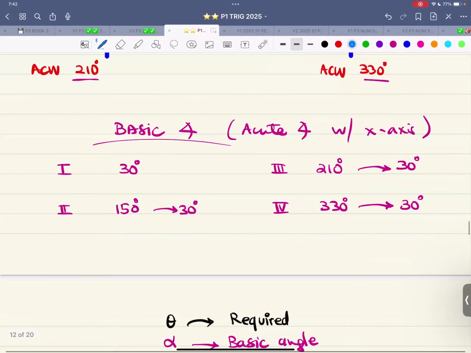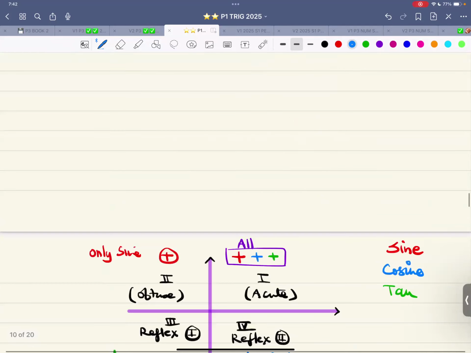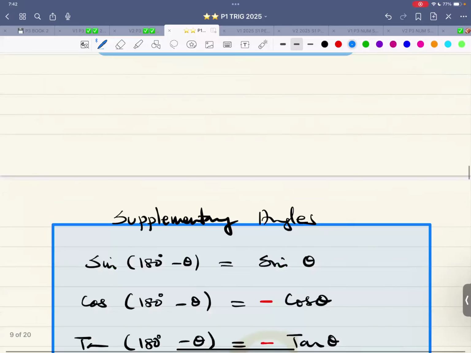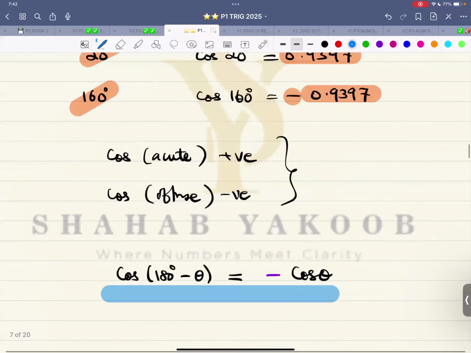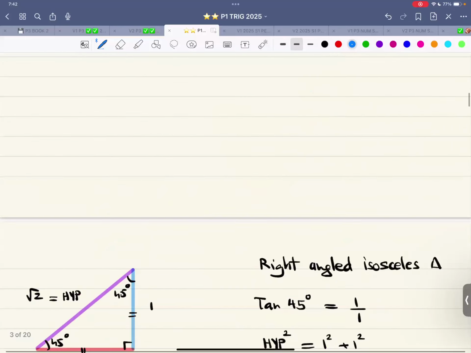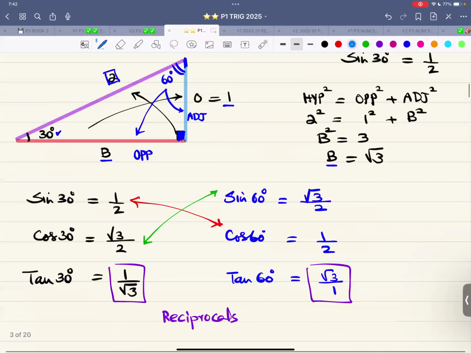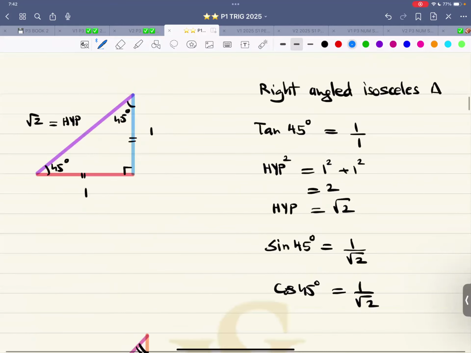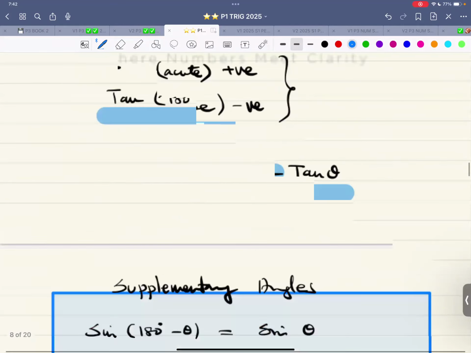First of all, we talked about 30, 150, 210, 330, and we talked about sine, cos, tan and everything. That is related to sine of 30, cos of 30, tan of 30, sine of 60, cos of 60, tan of 60, sine of 45, cos of 45, tan of 45. So everything is related to this.